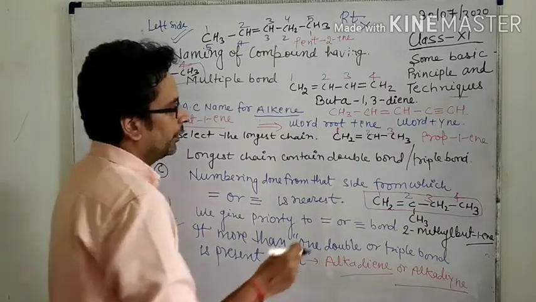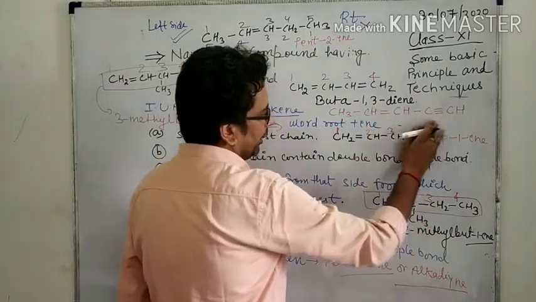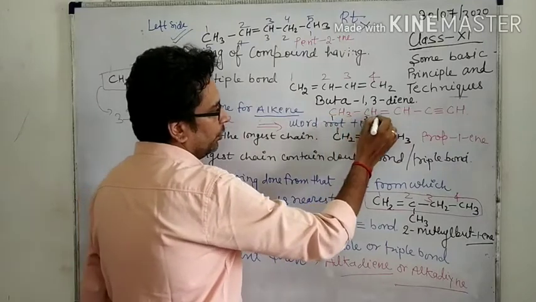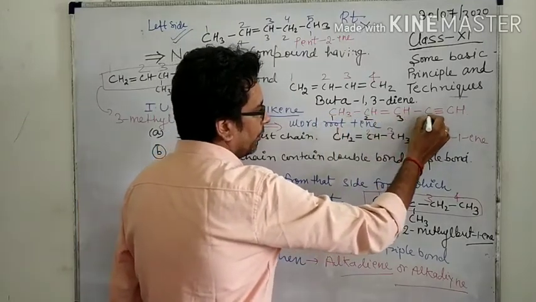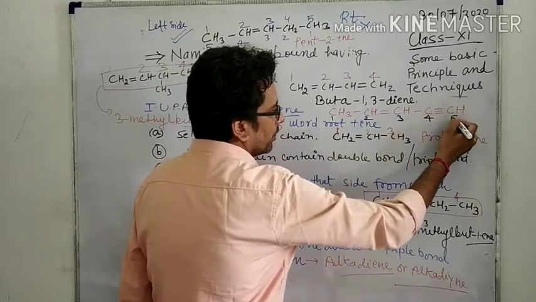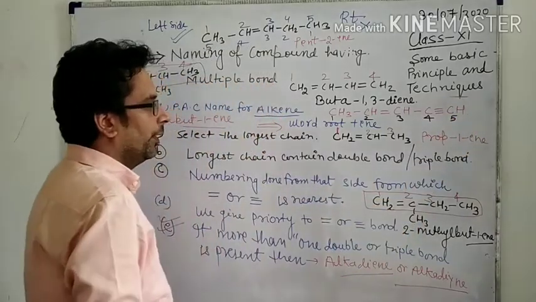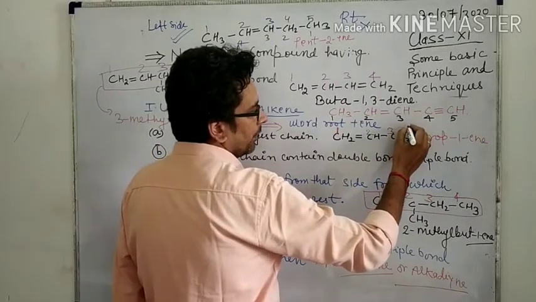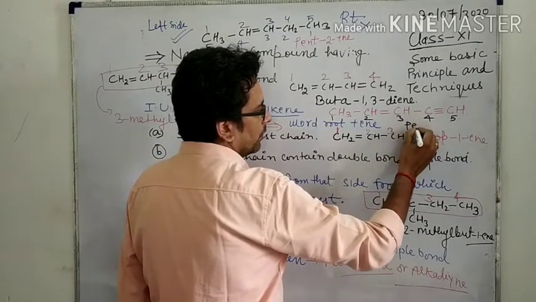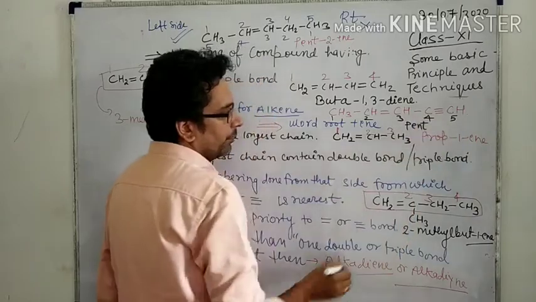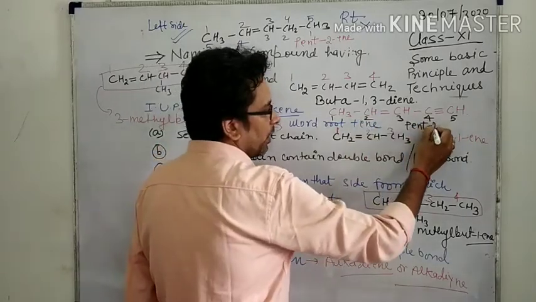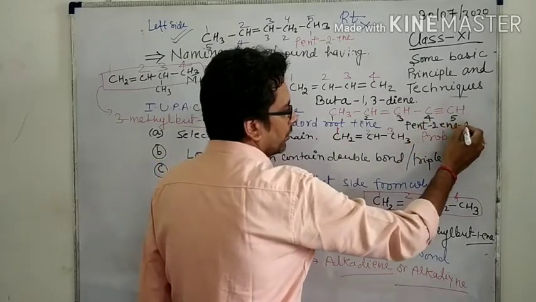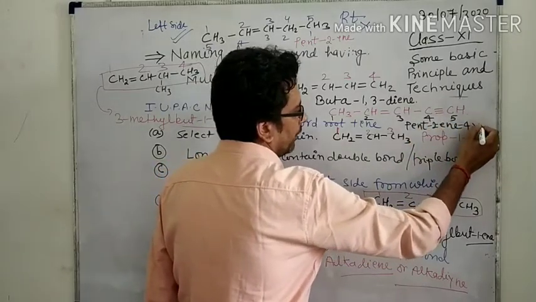So look here, first we select the longest carbon chain. So 1 2 3 4 5. Okay, now it means pent-2-en-4-yne.